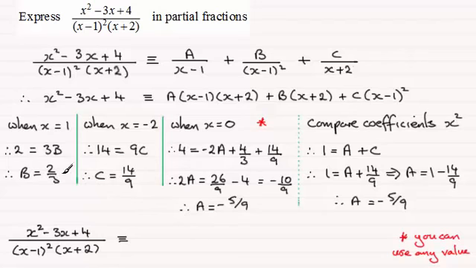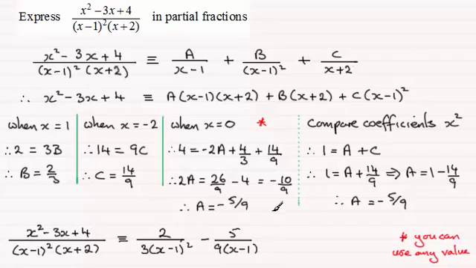I'm going to take the b value at 2/3. So if we substitute b in there, we're going to end up with 2 divided by 3 times x minus 1 all squared. Then we'll come in with the value of a being minus 5 ninths. So we're going to have minus 5 divided by 9 times x minus 1.